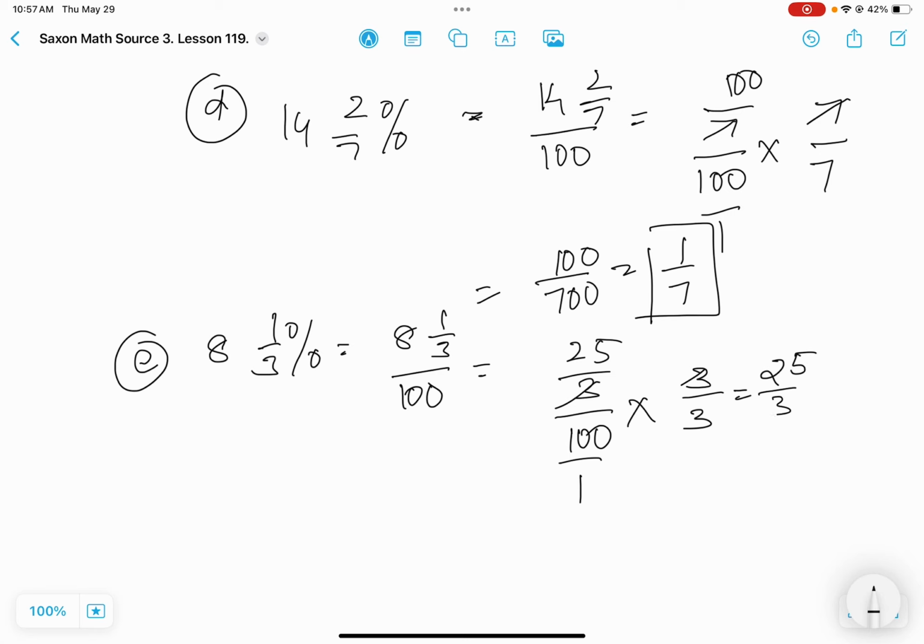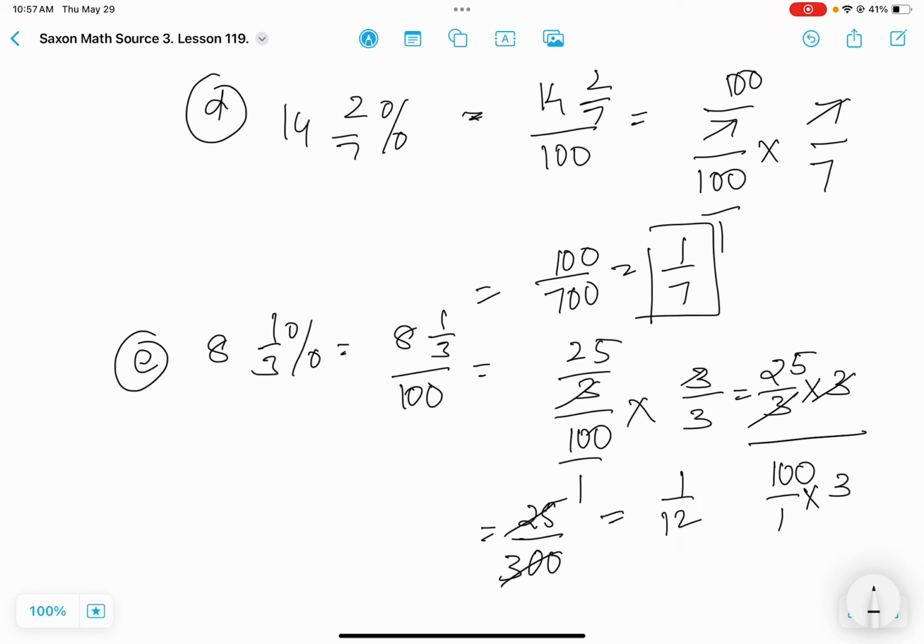That is 25 by 3 times 3 over 100 times 1 times 3. That is 25 by 300. Yes. Sorry about that, I'm just taking the question again. The answer is 1 by 12.